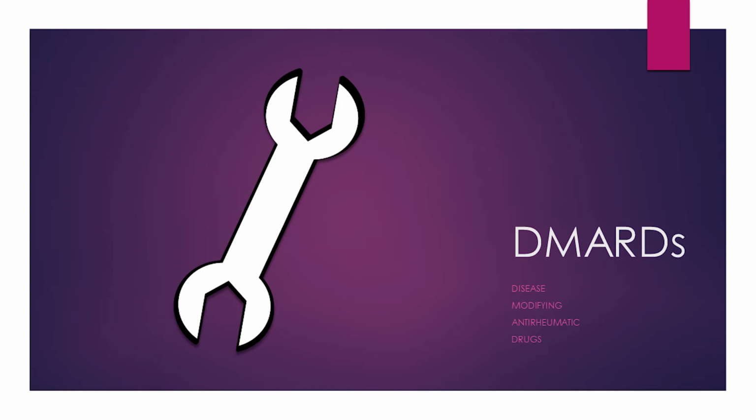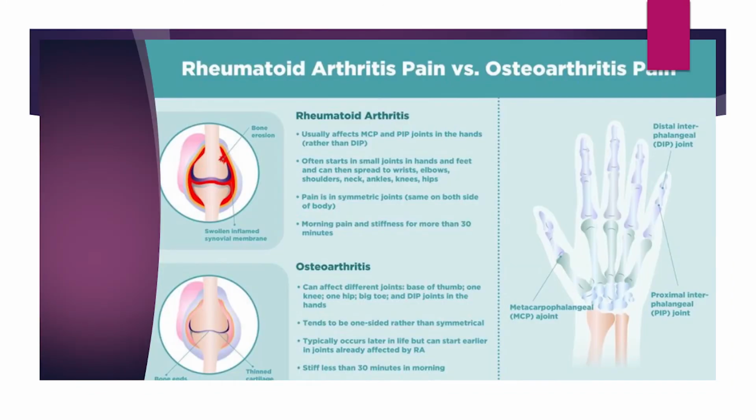So let's say that you're experiencing pain in your hand. It's important to see if this pain isn't caused by a co-occurring condition such as osteoarthritis pain. The difference between this and rheumatoid arthritis pain is that osteoarthritis pain is usually seen on one side instead of symmetrically as in rheumatoid arthritis.